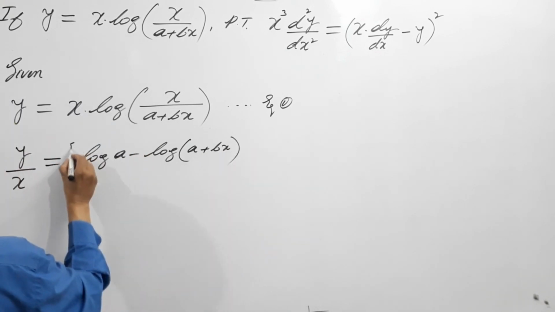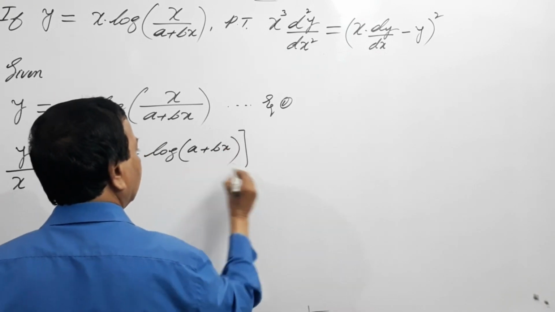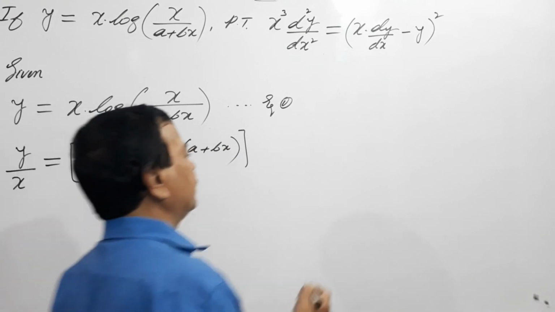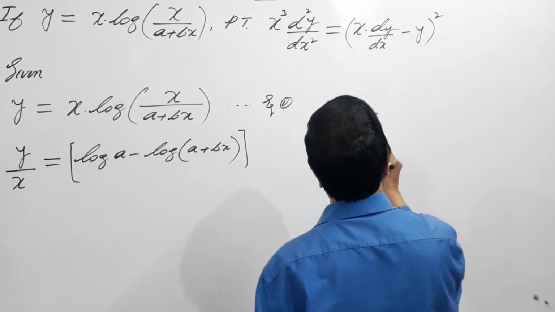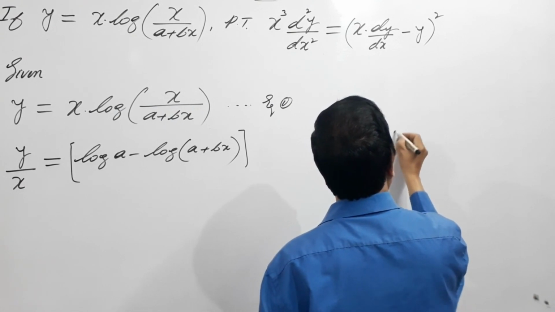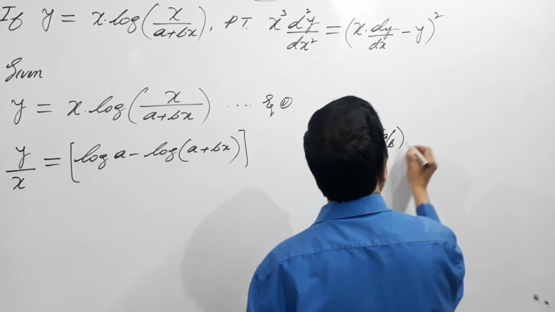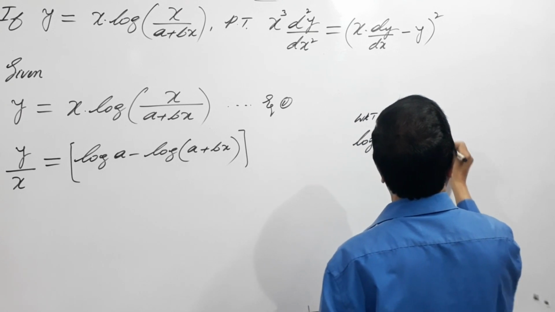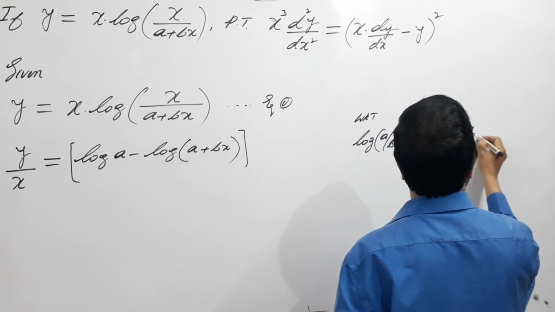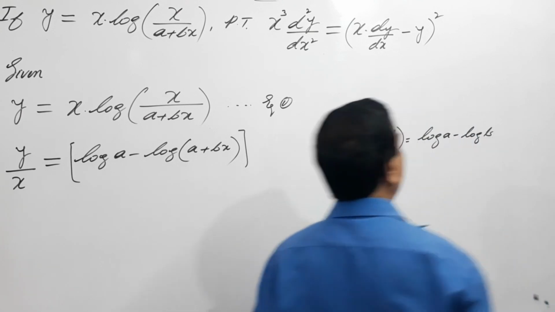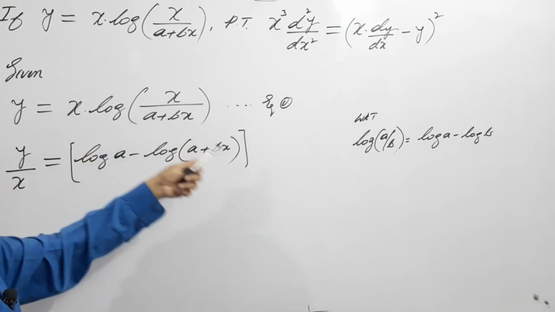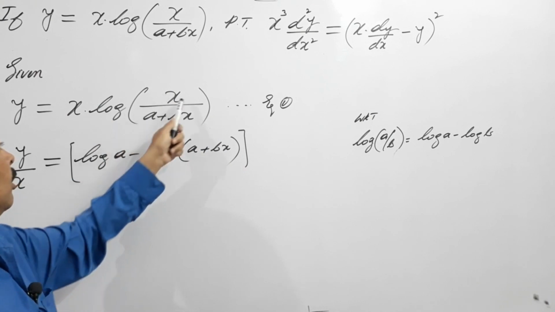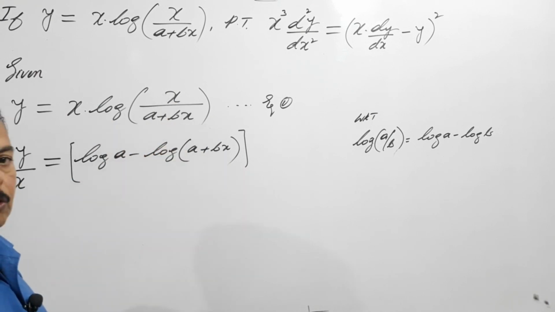I will put this within a bracket. So what concept have I used here? You know that log of a by b equals log a minus log b. I have used that concept here.